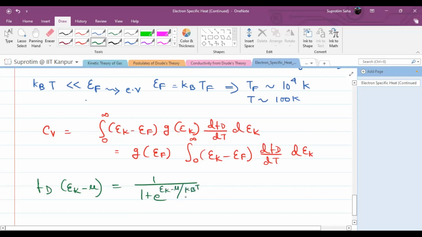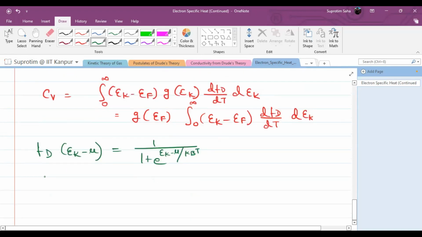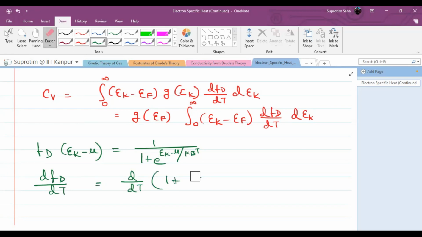All right. So now this is routine differentiation, which will be given by d by dT of 1 plus e raised to Ek minus mu over kBT, inverse, times minus 1.